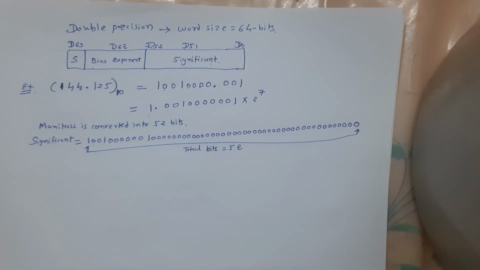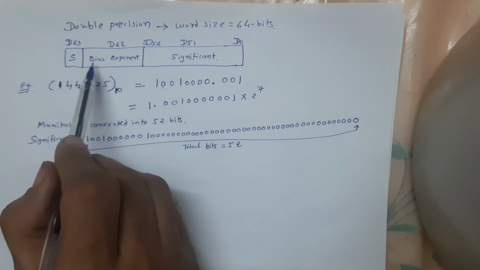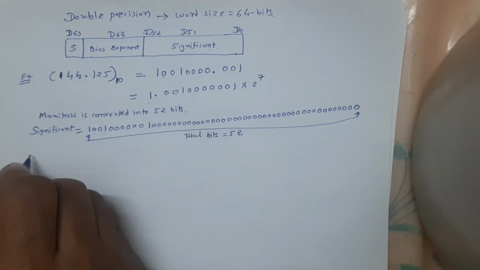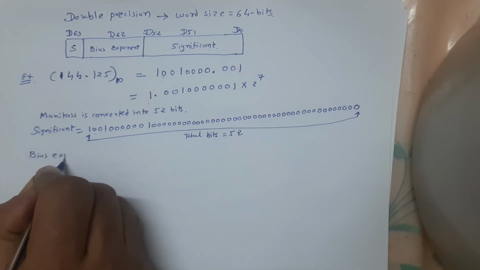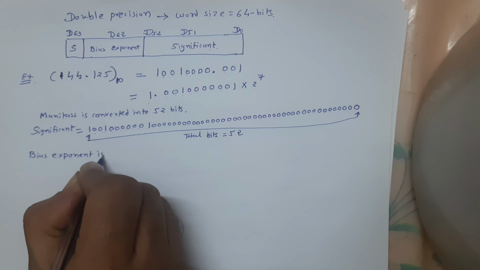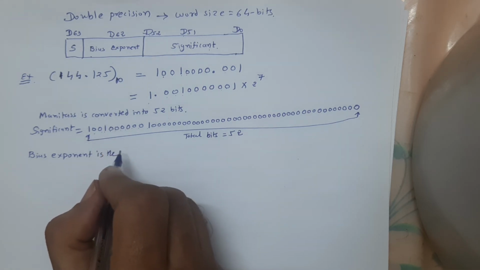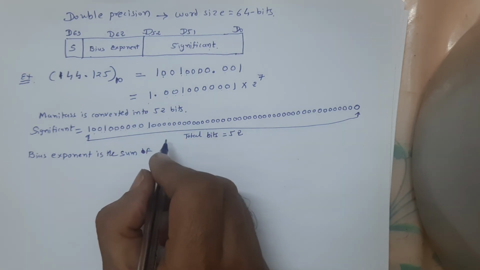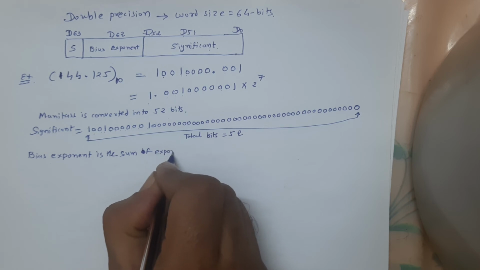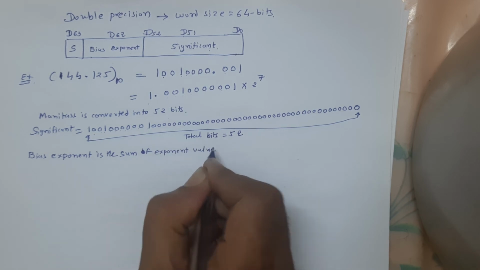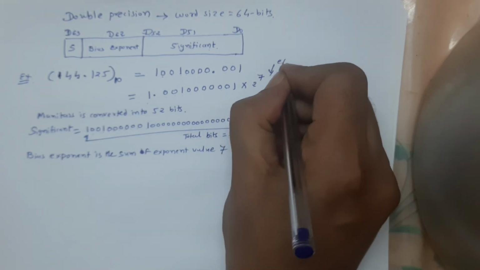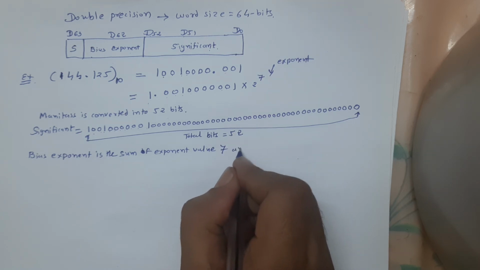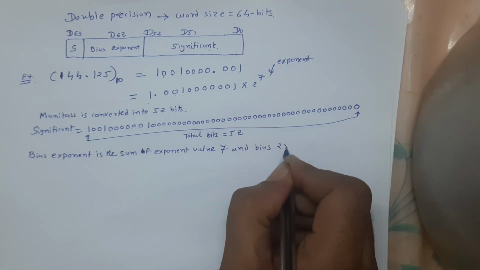Now this is your significand. Now we want to find the bias exponent. The bias exponent is the sum of the exponent value, 7, and the bias, 1023.